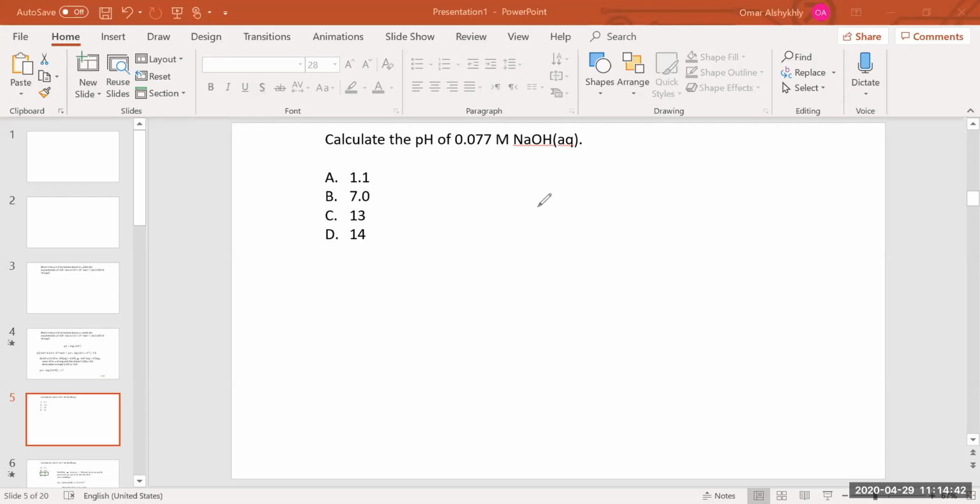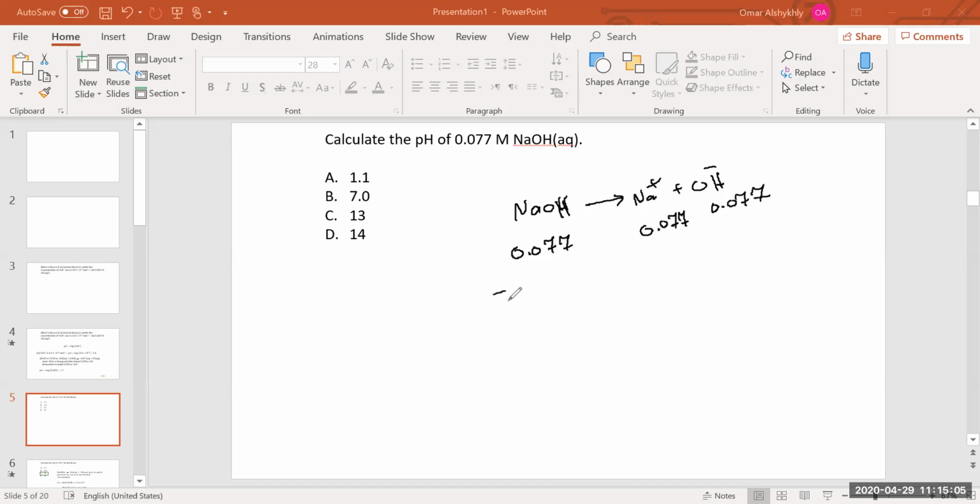NaOH is a strong base and will dissociate completely to give you Na positive plus OH negative. So here we have 0.077, 0.077 and 0.077.